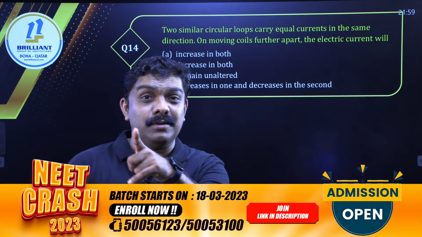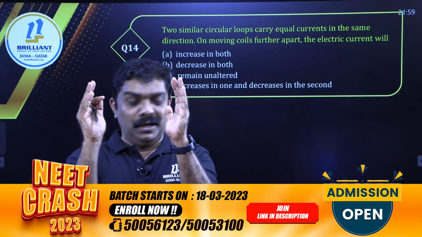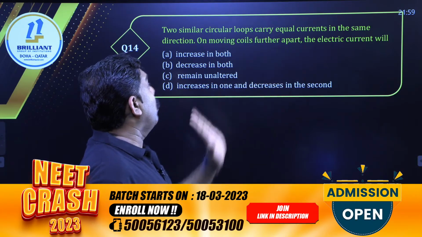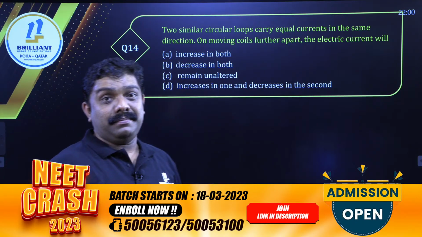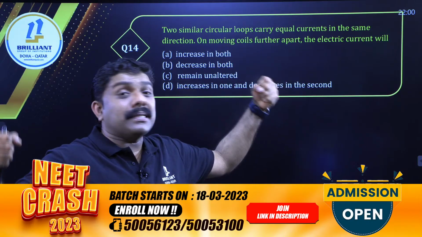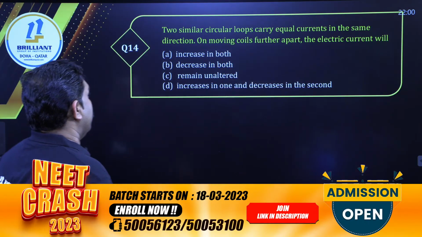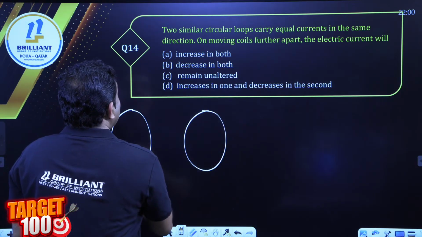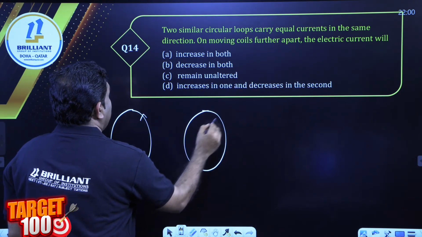Now the next question, question 14. Question 14 is also a confusing question. Please see, two similar circular loops carry equal current in the same direction. On moving the coils farther apart, what happens to the electric current? Two loops, the current will be in the same direction.